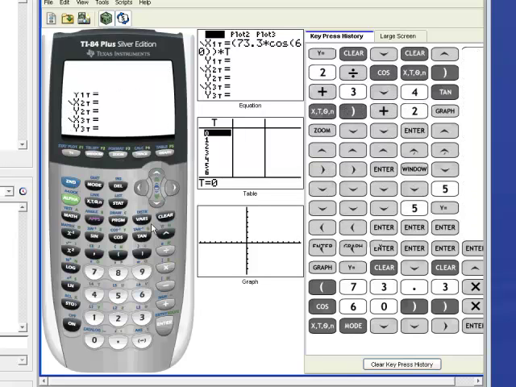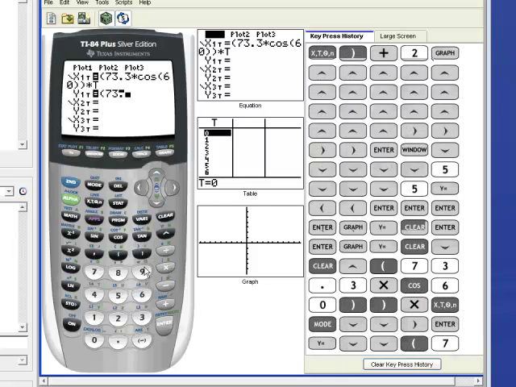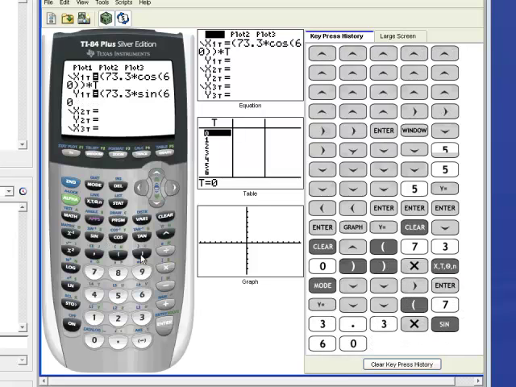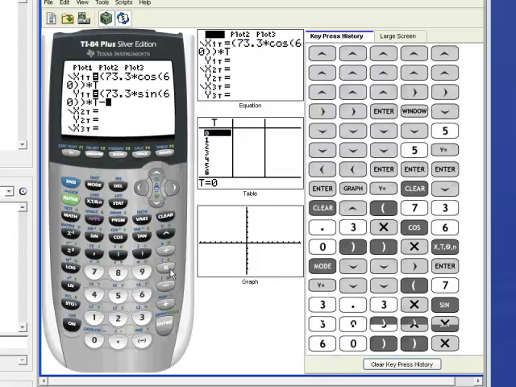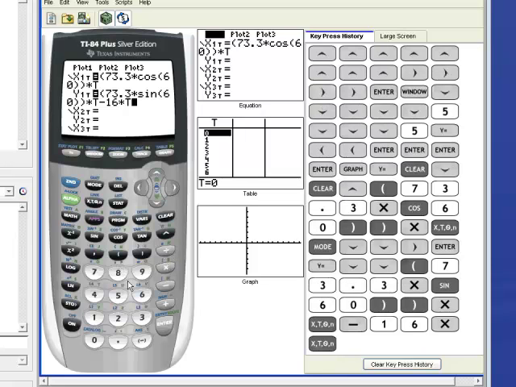And the other one is going to be parentheses 73.3 times sine of 60 degrees, close the parentheses, times t, minus 16 times t squared. The 16 actually comes from gravity: whatever you shoot in the air is being pulled down by negative 32 feet per second squared. There's actually a factor of 1/2 in front of that, and that gives negative 16.